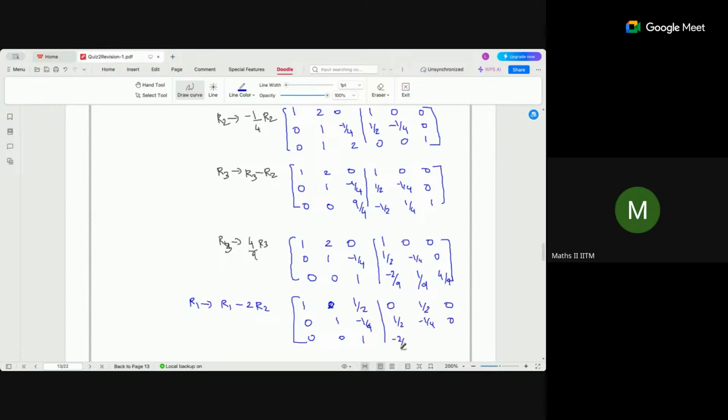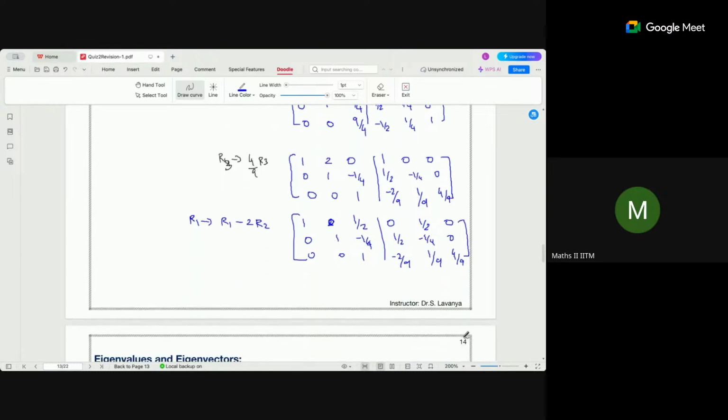What is the next step? So you have to make this entry 0. So I will just write the steps. You do that. So you have to make R1 as R1 minus 2 times R3, right?